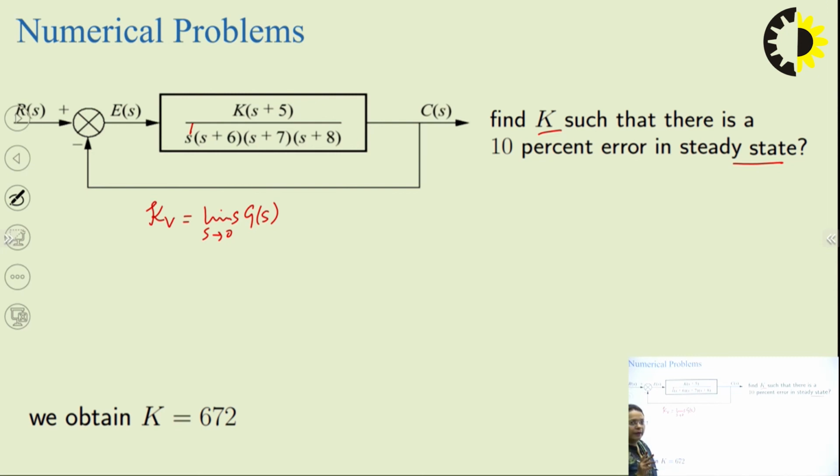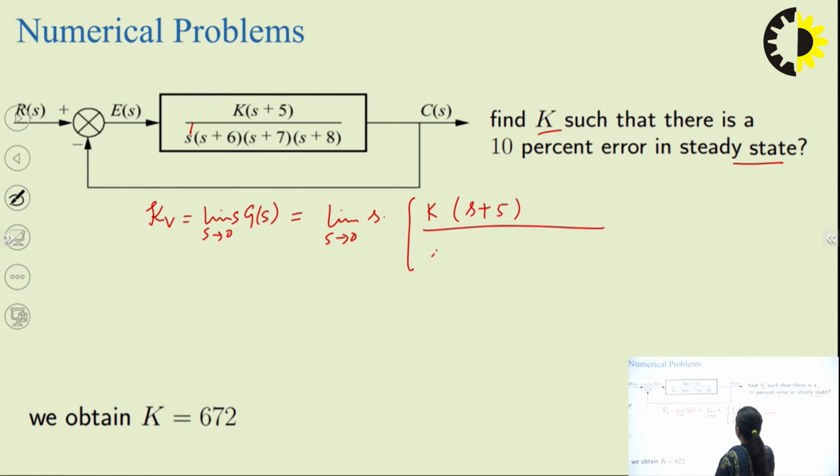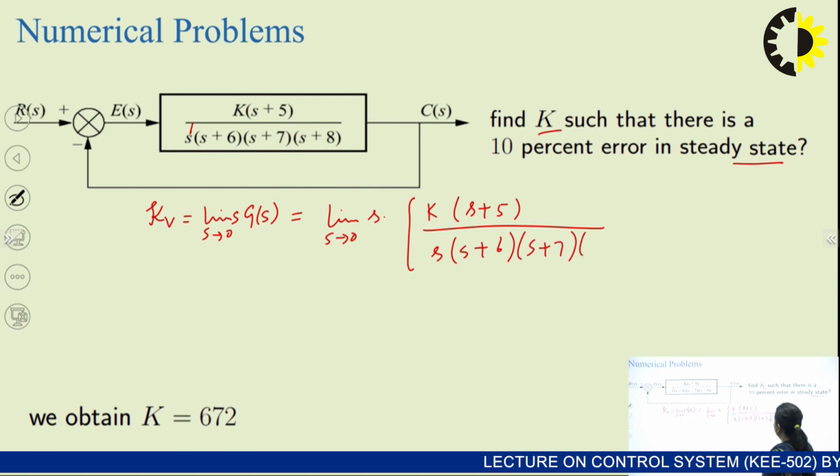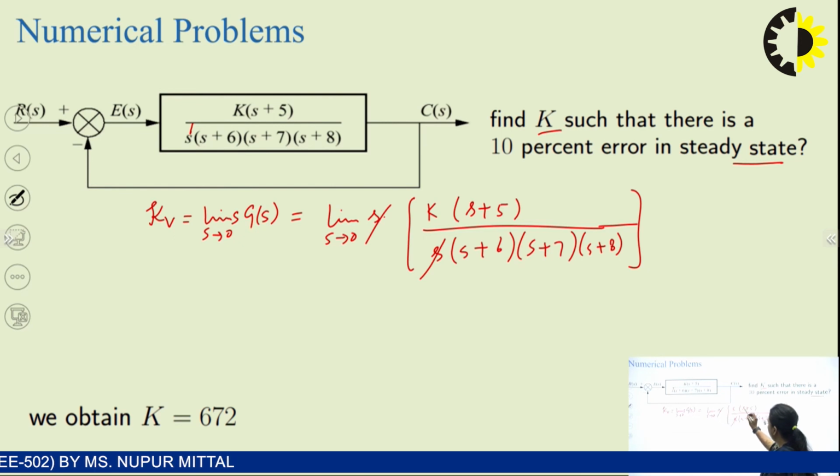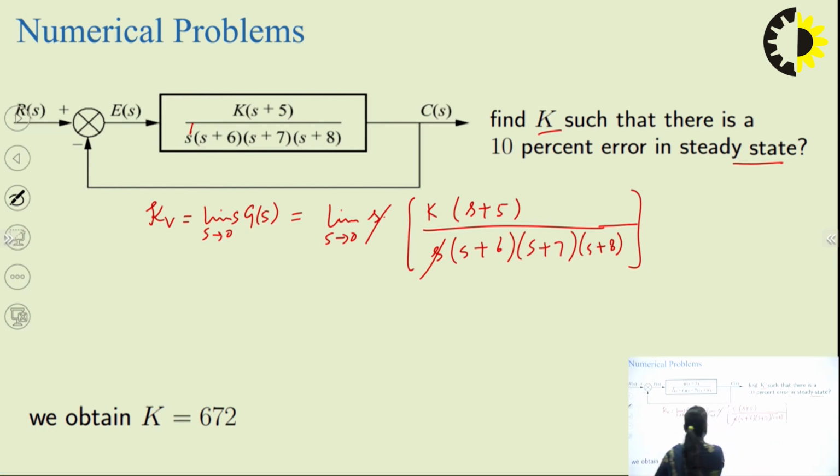Then by comparing I will get the value of K. So limit s tends to 0 of s into k into (s plus 5) upon s into (s plus 6), (s plus 7) and (s plus 8). The s gets cancelled here, and putting the limits, the value of Kv will be 5k upon 6 into 7 into 8.